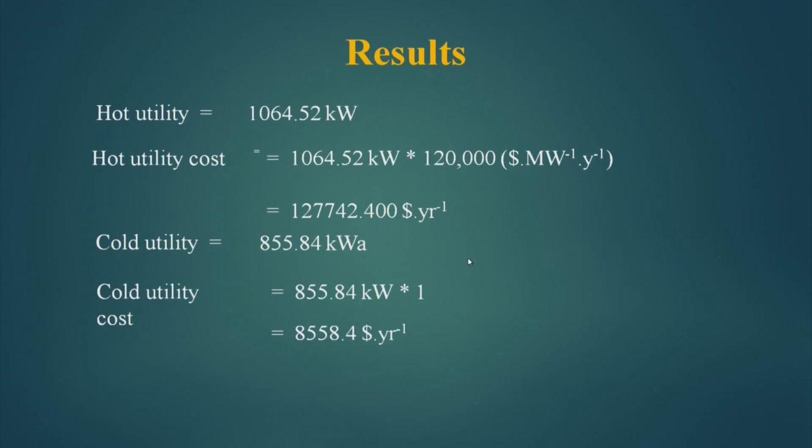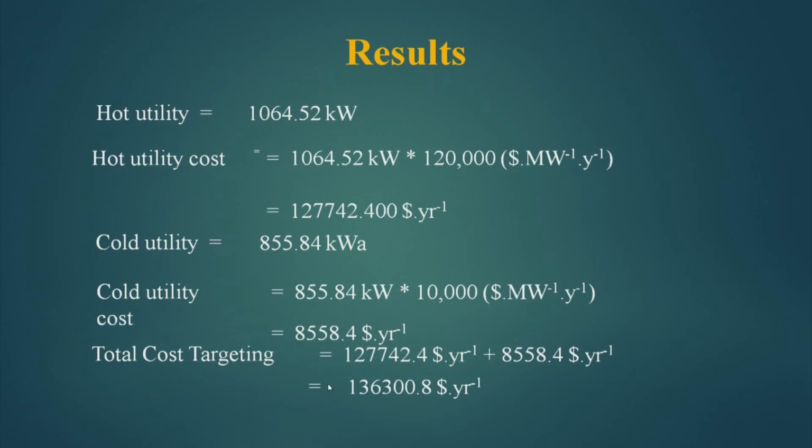Similarly, the cost of the cold utility is computed using this. These are per year and the annualized cost is also per year, so we can add them up. So, the total cost of targeting is this plus this. This is the annualized fixed capital cost, this is the operating cost. So, this total cost is called TAC.